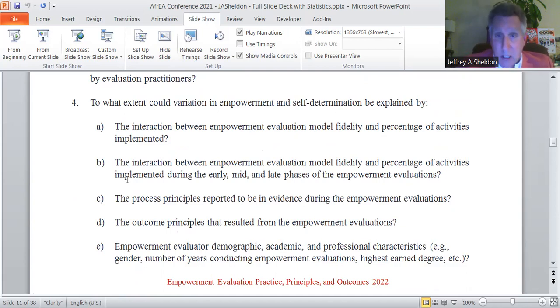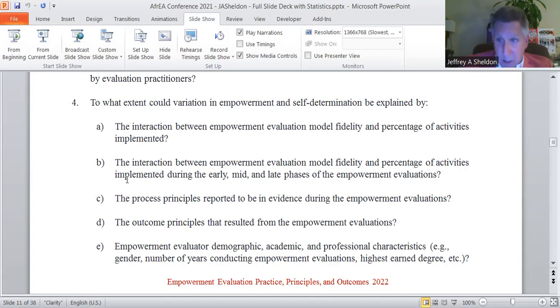To what extent could variation in empowerment and self-determination be explained by, and what I mean is, can we show that empowerment and self-determination are the likely result of the interaction between empowerment evaluation model fidelity and the percentage of activities implemented? Because if you're conducting an empowerment model, whichever one it is, and you're doing it the way it's supposed to be done, then you're adhering with fidelity to it, right?